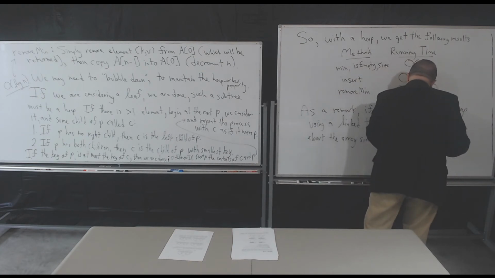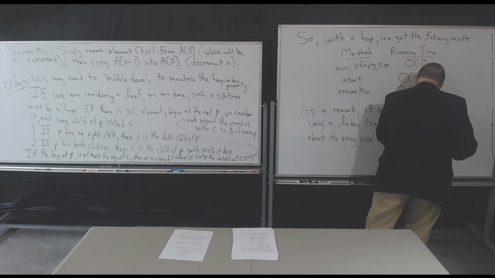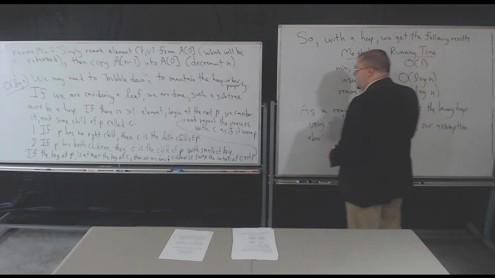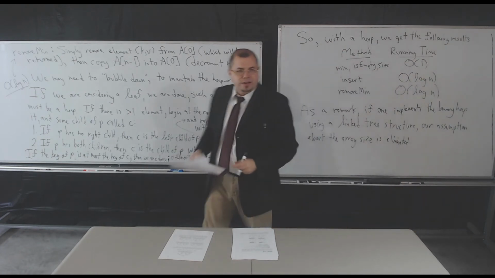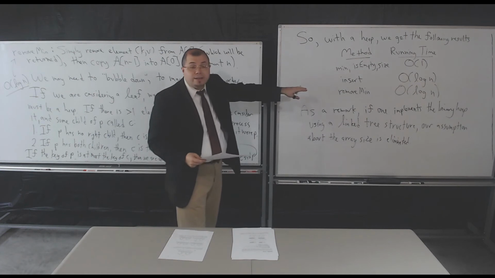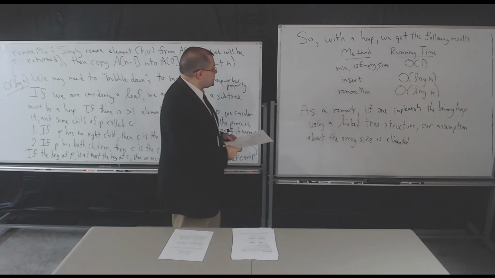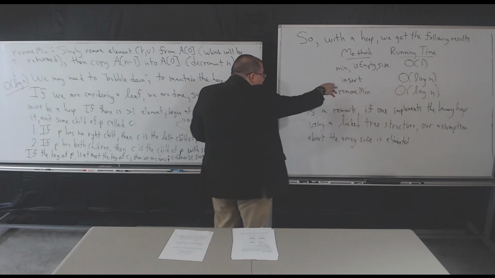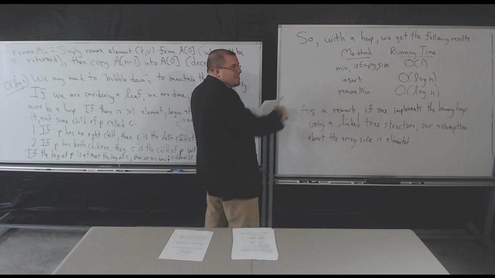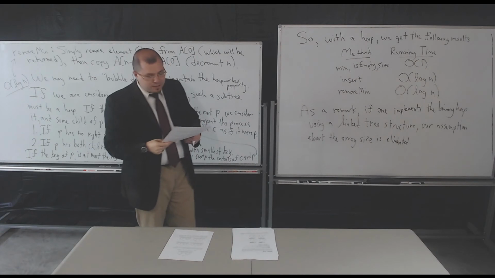It takes a little bit more work to do this, but you can get rid of this assumption that I have. So these will literally be true running times if you make it into a linked tree structure. Okay? I'll talk more about that difference involving arrays when we talk about amortization in a bit.